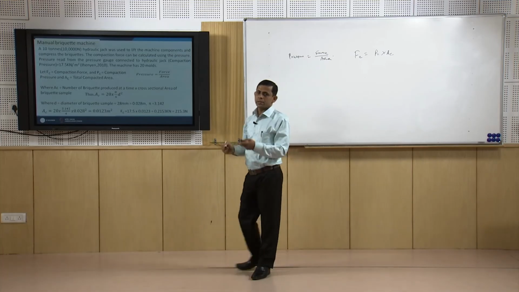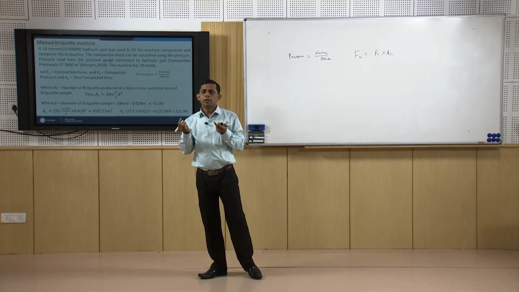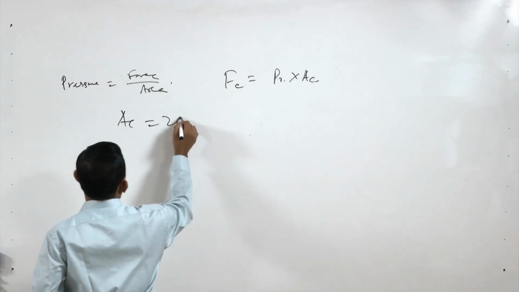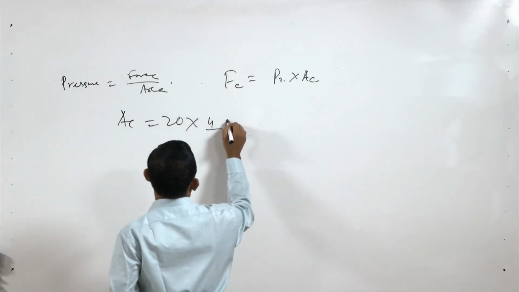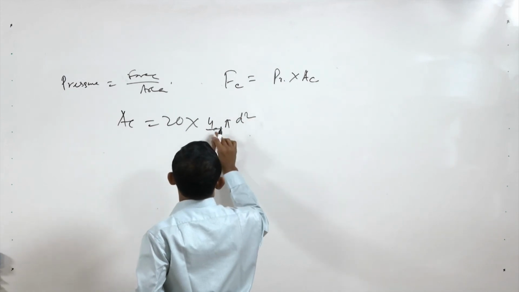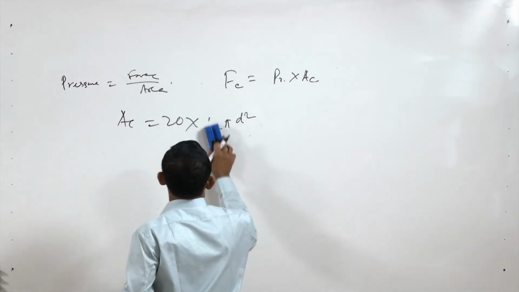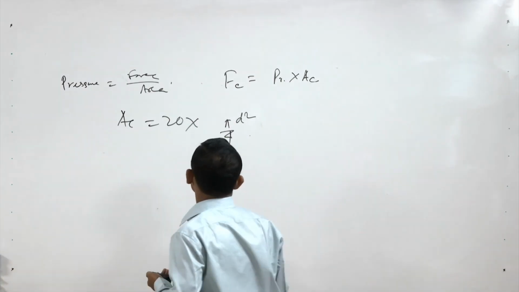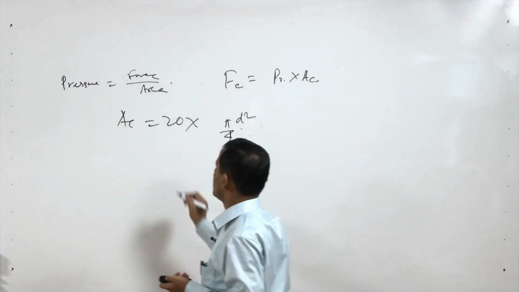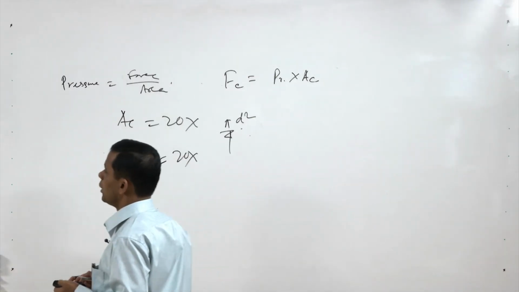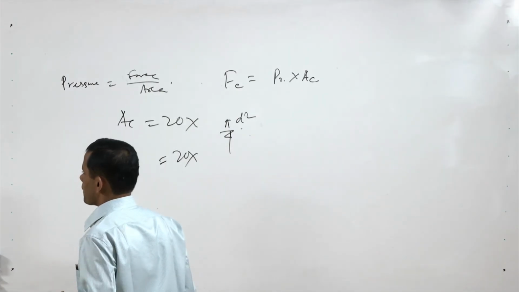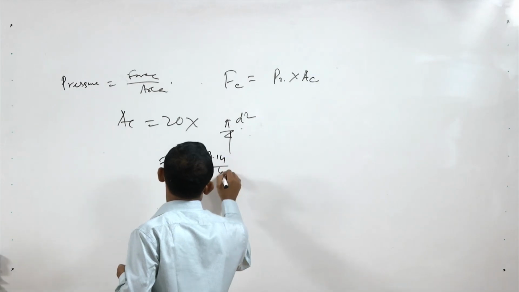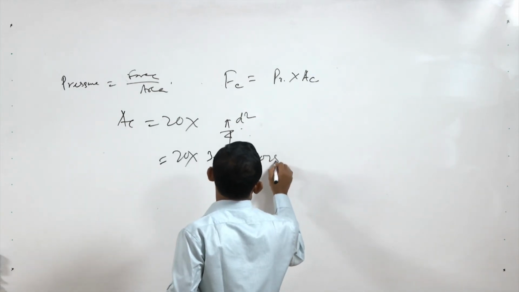Compaction area means the area of the dies. So Ac is equal to 20 into pi by 4 d square, that value we have calculated: 20 into 3.14 by 4 into 0.028 square.